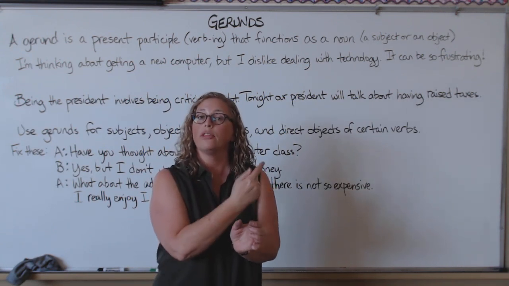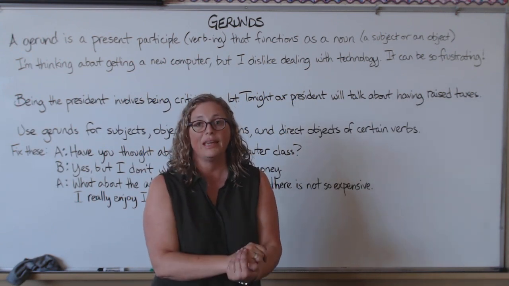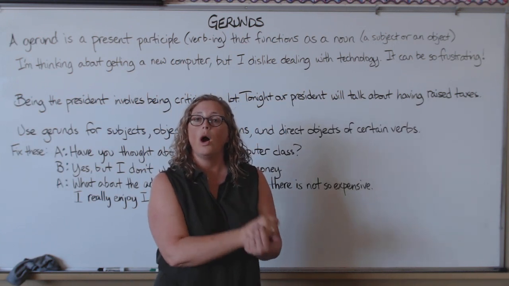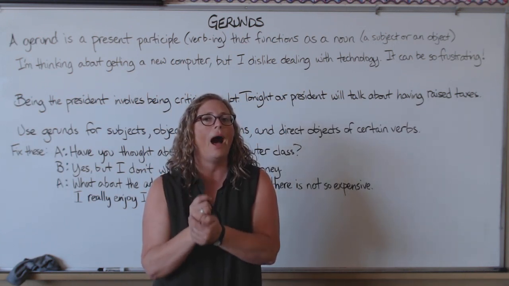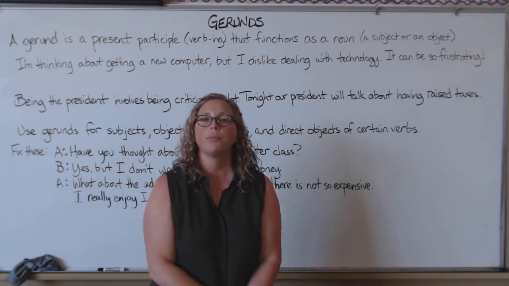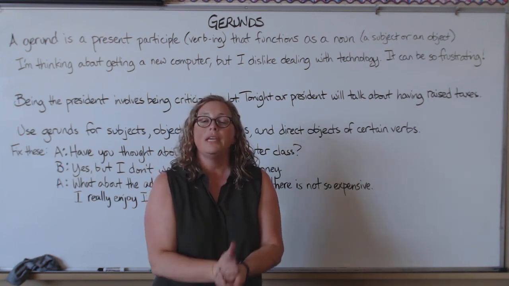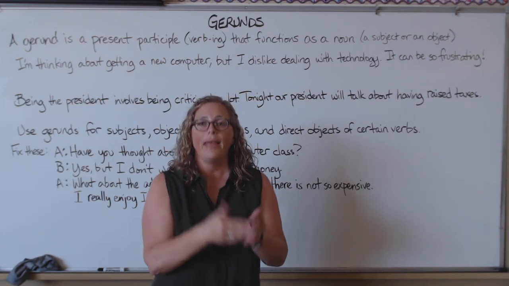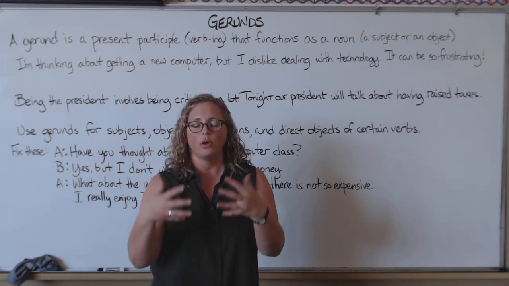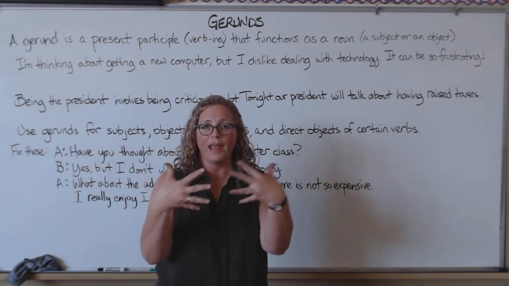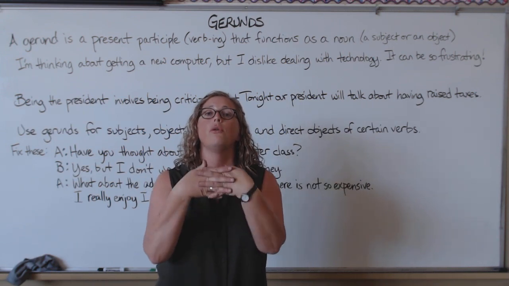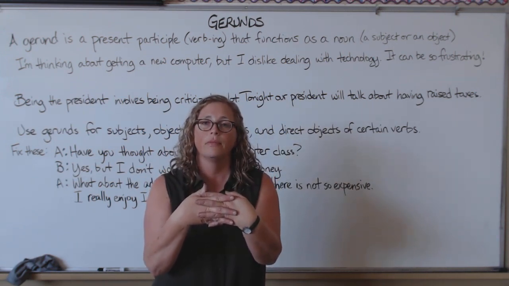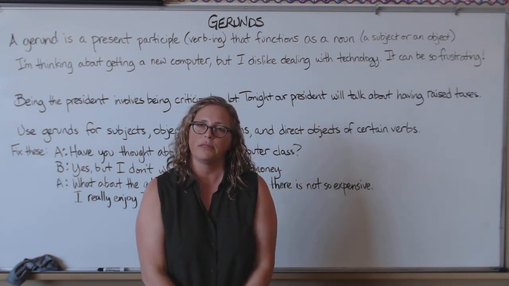And that's where the gerund comes in. Because if you want to use a verb idea after a preposition, you need it to be a noun. Those go together. Preposition, noun. That's a prepositional phrase. So we'll take a look at some examples of this.